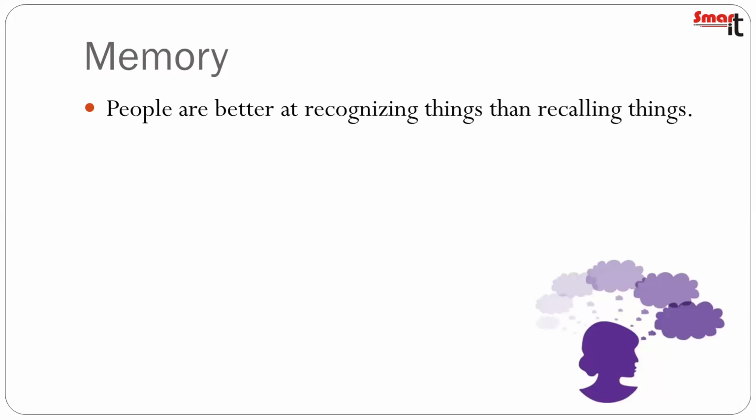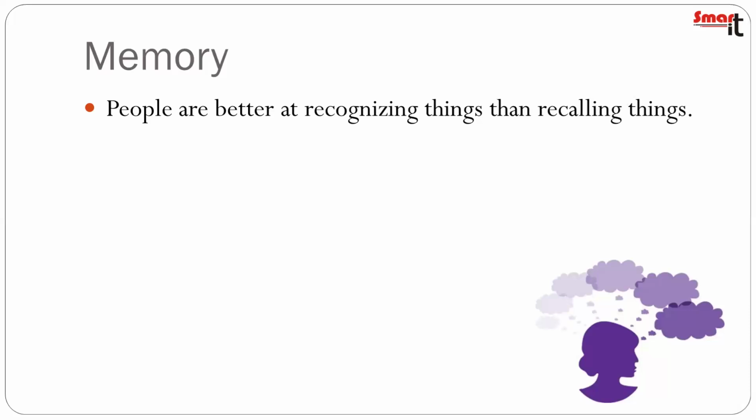Recalling means you are in your room just recalling your school friends. Sometimes you can't remember some of them now, sometimes maybe you remember. But recognition is when you are visiting some place, maybe a restaurant, and you see one of your old friends there. You recognize: this is the friend who was with me in my childhood.